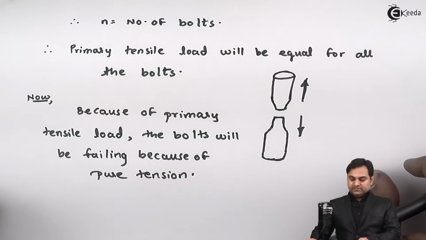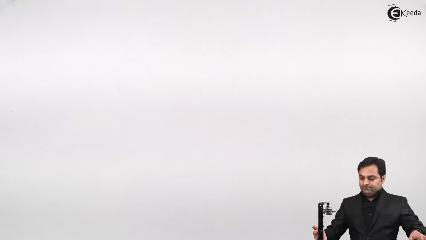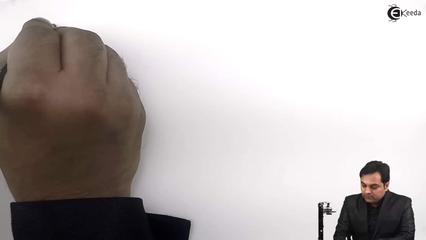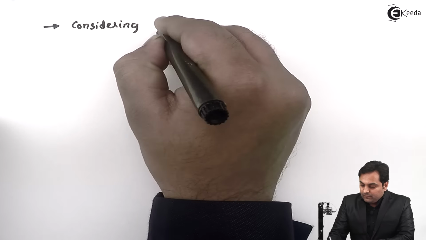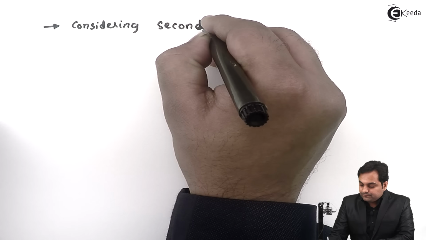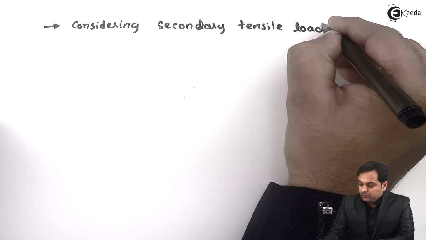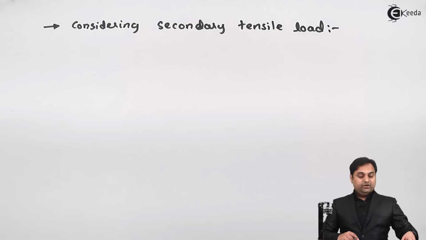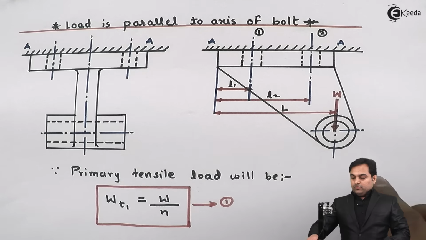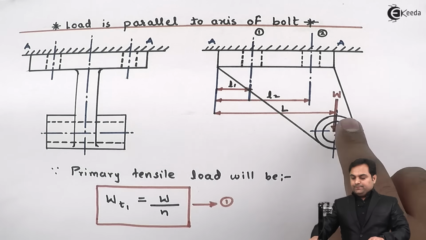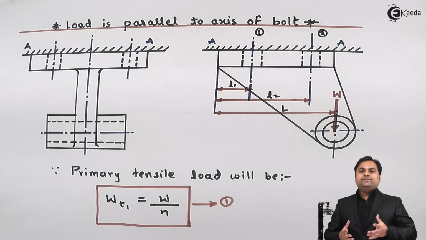Next, after this I will consider the secondary tensile load. Now what is the meaning of secondary tensile load? Now suppose the load is acting and these bolts are not failing together.